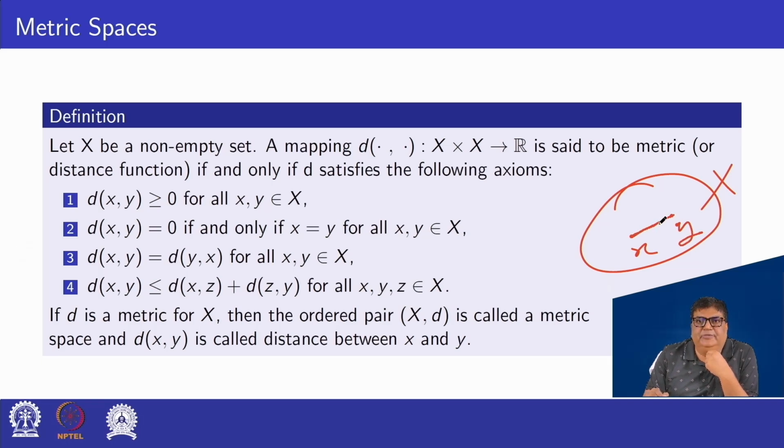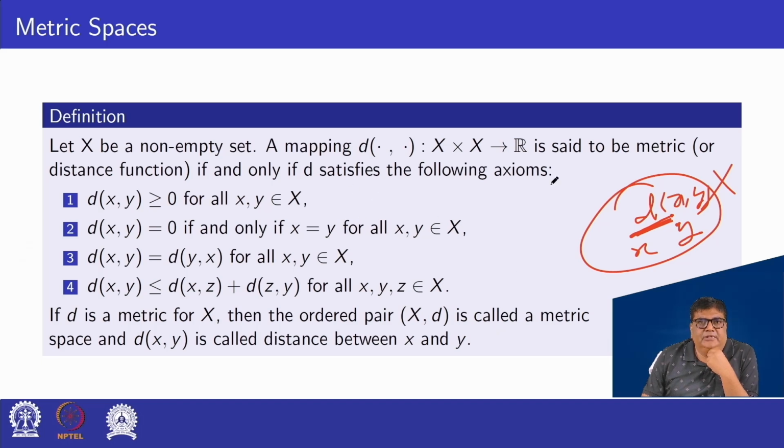What is the distance between these two points? That is d(x,y). If d satisfies the following axioms, then the ordered pair (X,d) is called a metric space.